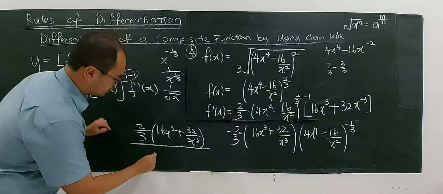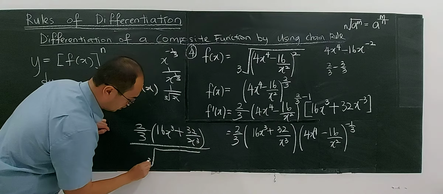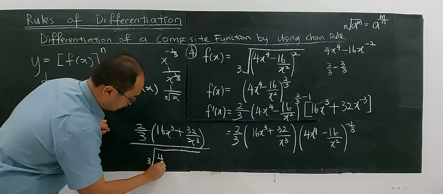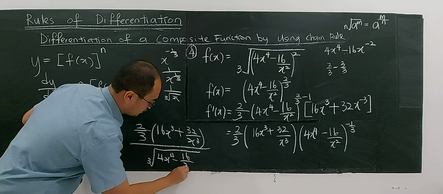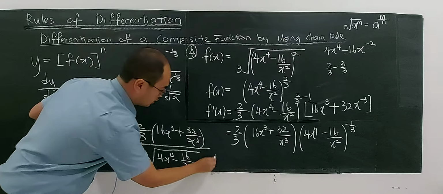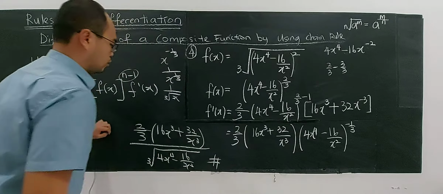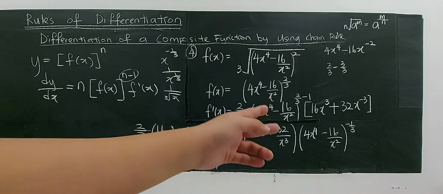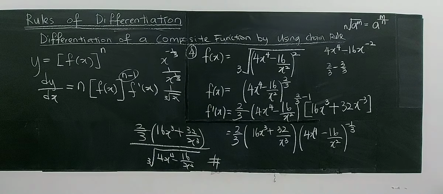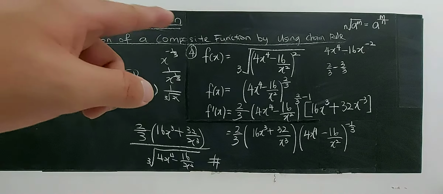So I can rewrite this thing to be the cube root of 4x to the power of 4 minus with 16x to the power of 2. That's the answer, after I simplify, this will be your answer. Or you can just leave this as your answer. Okay, that's all of applying the chain rule to differentiate a composite function.